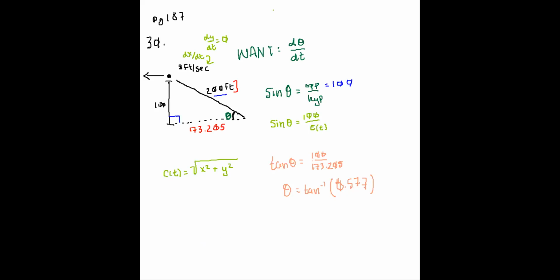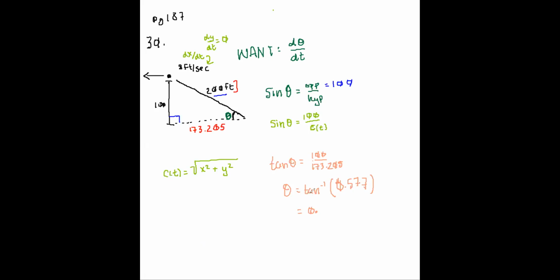So theta is going to be equal to a number, right? And then what do we do? What is d theta dt going to be equal to if we take that derivative? Nope.